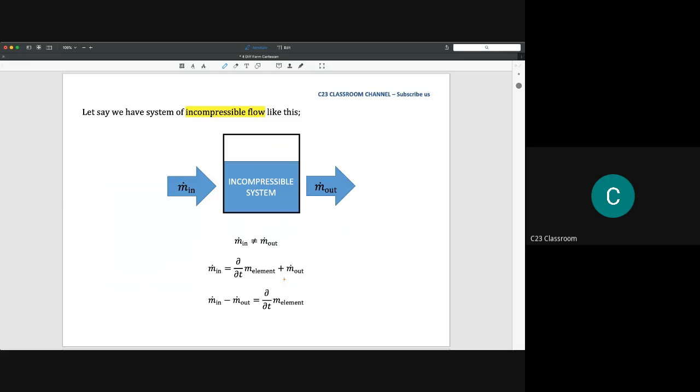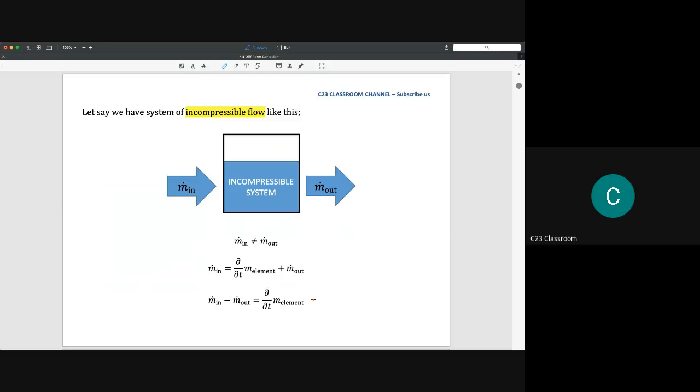Then we rearrange this equation, and we have m dot in minus m dot out equal to dm dt, meaning the change of mass over time. It comes from previous scientists. They started to think about producing one simple equation that can suit all situations.